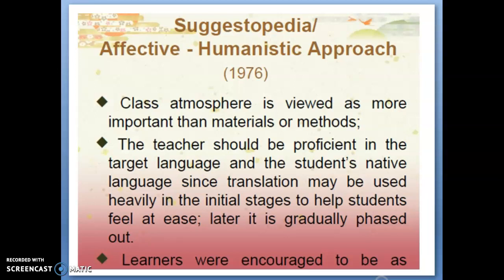However, the students may use the mother tongue, or by using the translation way, the teacher translates the target language to the mother tongue, and it means that mother tongue and target language are permitted in the situations. Learners were encouraged to be at ease.